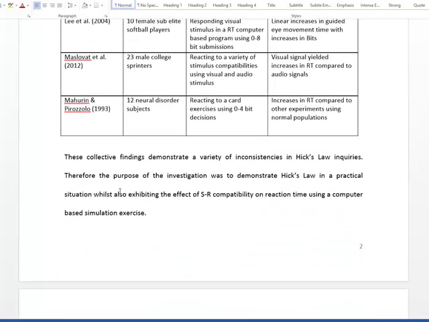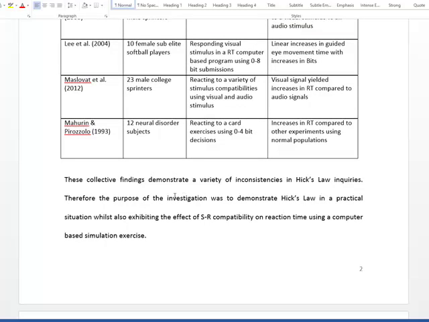So the purpose, back to the purpose which we discussed before, is drawn from evidence-based conclusions. In order to achieve a pass, I already said, I need to have this statement, therefore the purpose is blah, blah, blah. In this example of a purpose, I've got the collective findings demonstrate inconsistency or a variety. I've shown in my introduction that the one rule doesn't always happen.